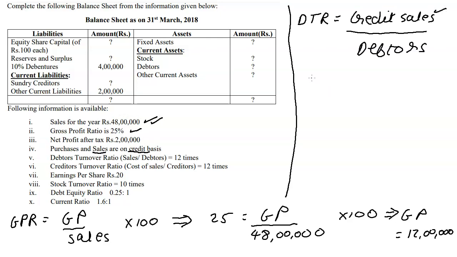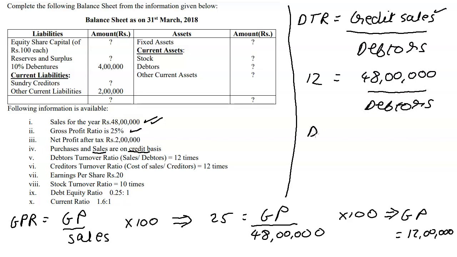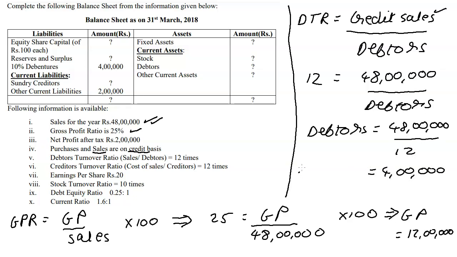Okay, so the debtors turnover ratio is 12 times, so 12 is equal to 48 lakhs upon debtors. And now I know that debtors is equal to 48 lakhs upon 12, which is going to give me 4 lakhs. Okay, so therefore debtors is equal to 4 lakhs.